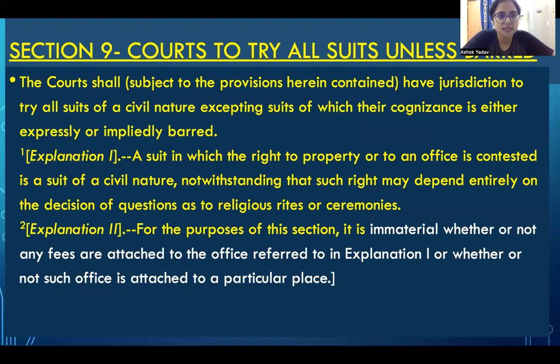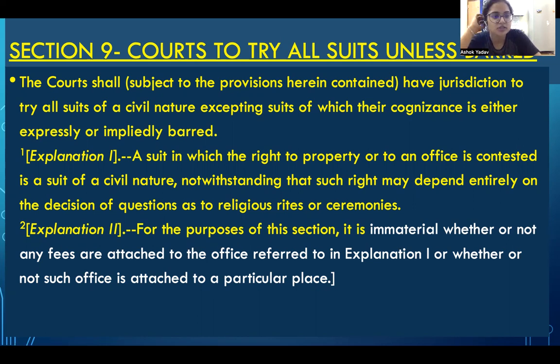Section 9 says courts to try all suits unless barred. It says the court shall, subject to provisions herein contained, have jurisdiction to try all suits of a civil nature, excepting suits of which the cognizance is either expressly or impliedly barred. Right? So what they're saying is, courts have the jurisdiction to try all suits of a civil nature.